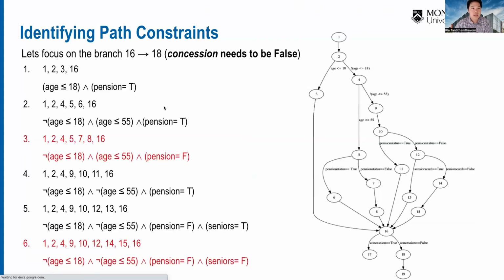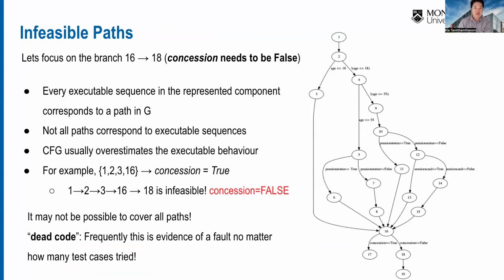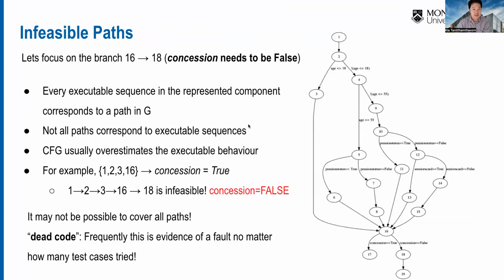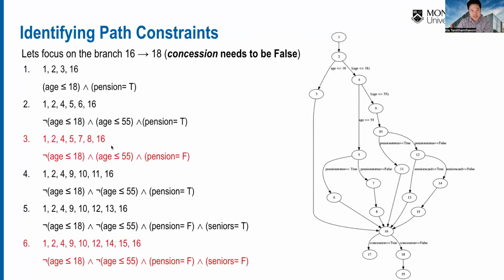So we talk about the paths here, but sometimes there are some invisible paths as well. It doesn't mean that every condition, every input value will go to the concession as false. For example, what is the invisible one? Let's say we want to get the concession as false through 1, 2, 3, 16.